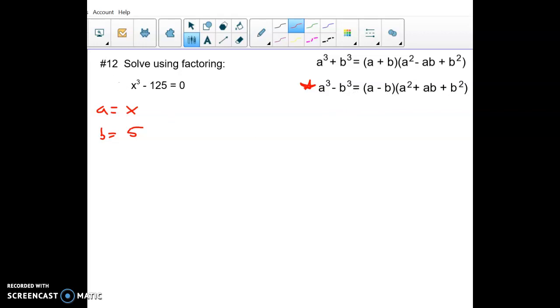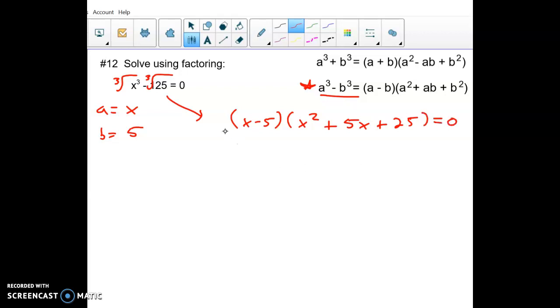So now that we've done our cube roots to figure out a and b, this whole thing factors to a minus b, so 5 minus x, times a squared plus a times b, so 5 times x, plus 5 squared, b squared.